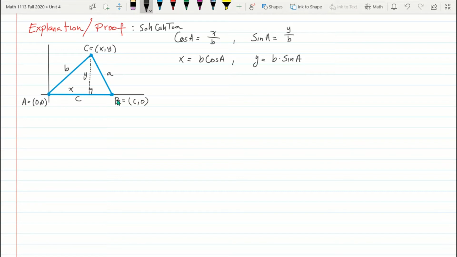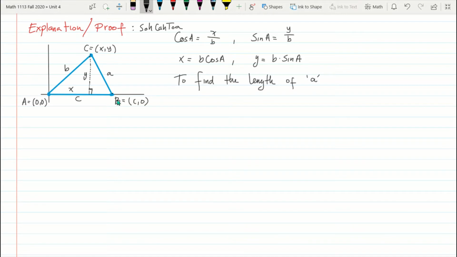Okay, so if we want to figure out, for example, the length of a, then we're going to use the distance formula. The length of side a, we'll use the distance formula from this point here to that point there.